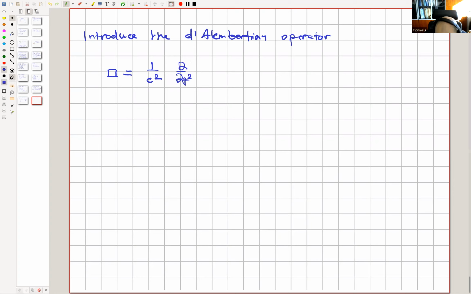We'll discuss this constant in detail next lecture. It's just some constant times the second partial derivative with respect to time minus the Laplacian.